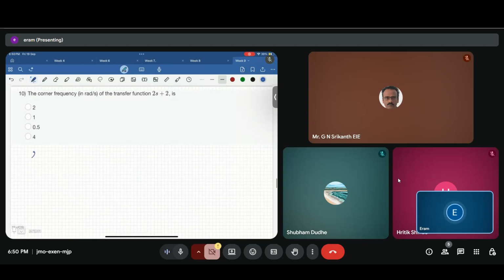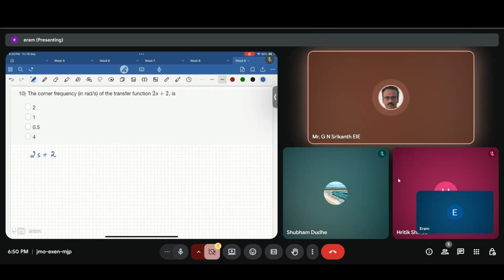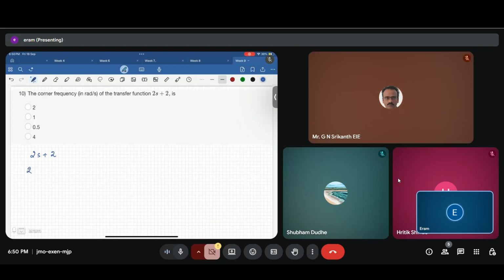How to write it in standard form? We take 2 as a common factor, omega, and then multiply with 1 plus s.